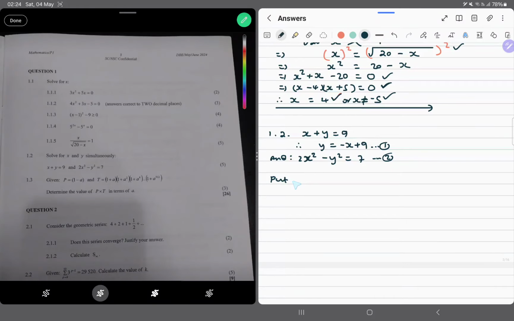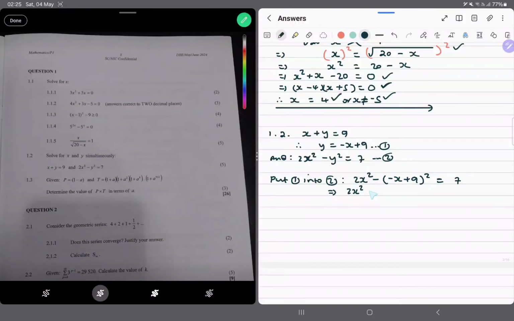So we put 1 into 2. What do we see? We'll see that we've got 2x squared minus, instead of y, we put minus x plus 9, all squared, equals 7.